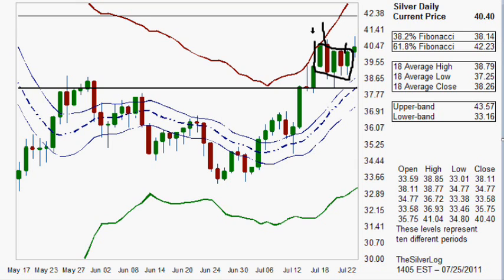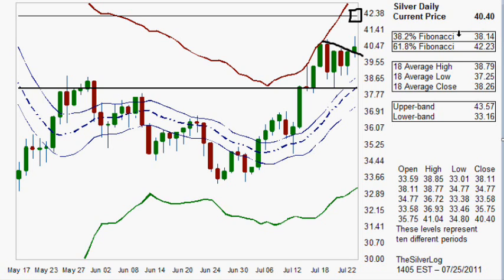This particular move we've seen so far today has broken past this downward trend, showing bullish signs. So I'm looking for this market to potentially make a run up towards this higher end, more towards this significant Fibonacci level, which is roughly around $42.25.